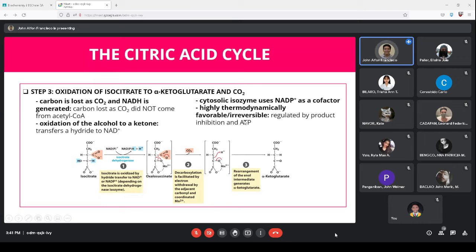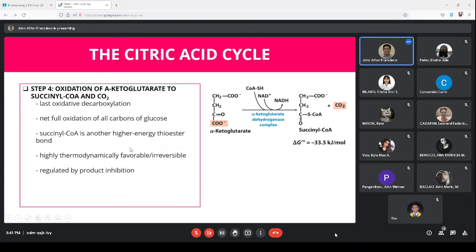This is a very favorable reaction and can also be regulated by product inhibition or ATP. So this, nasa pangatlong compound pa lang tayo and you produce alpha-ketoglutarate. So what happens? You produce carbon dioxide and meron ka na nagkaroon ng transfer of proton.